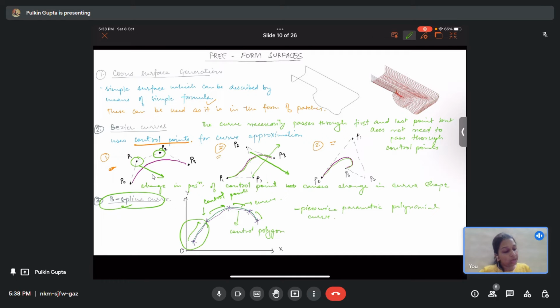Okay, here this entire curve was defined by single equation, but here it has distributed it into different pieces, and then here they are defined by individual polynomials whose degree can be selected by the user.